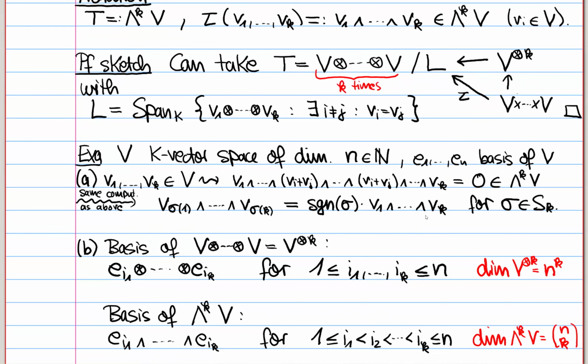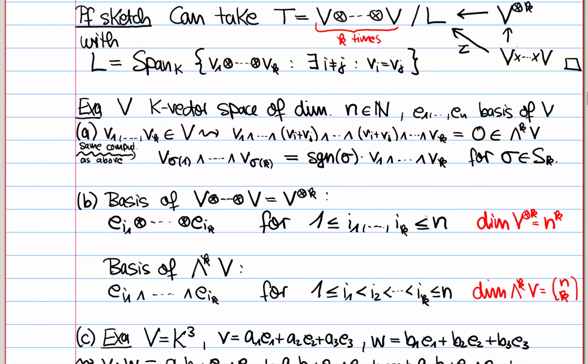And this will be important in the next point, because now, what is the basis of this k-fold alternating product? Well, for the usual tensor product without the alternating property, we know a basis is given by taking tensor products of all the basis elements. So we can choose arbitrary indices of the basis elements.